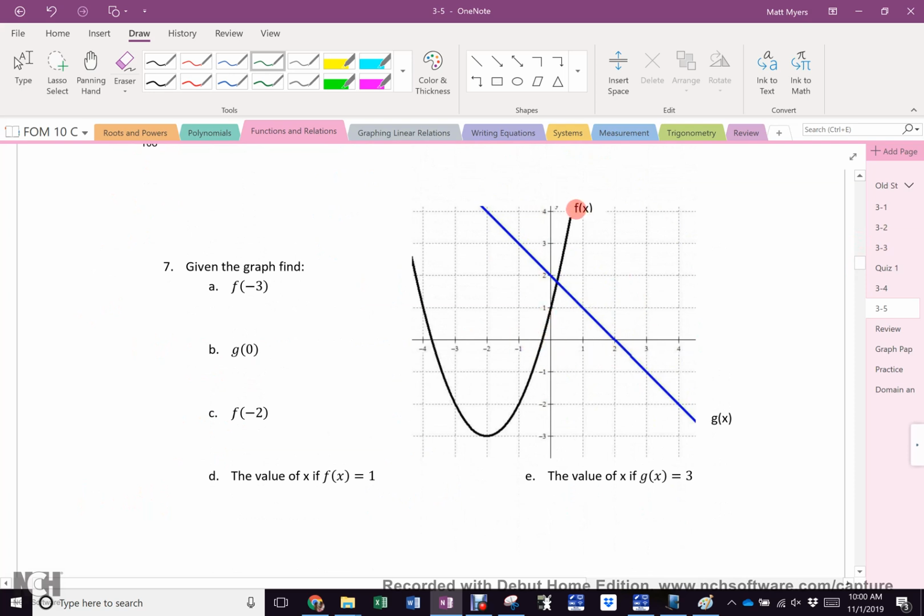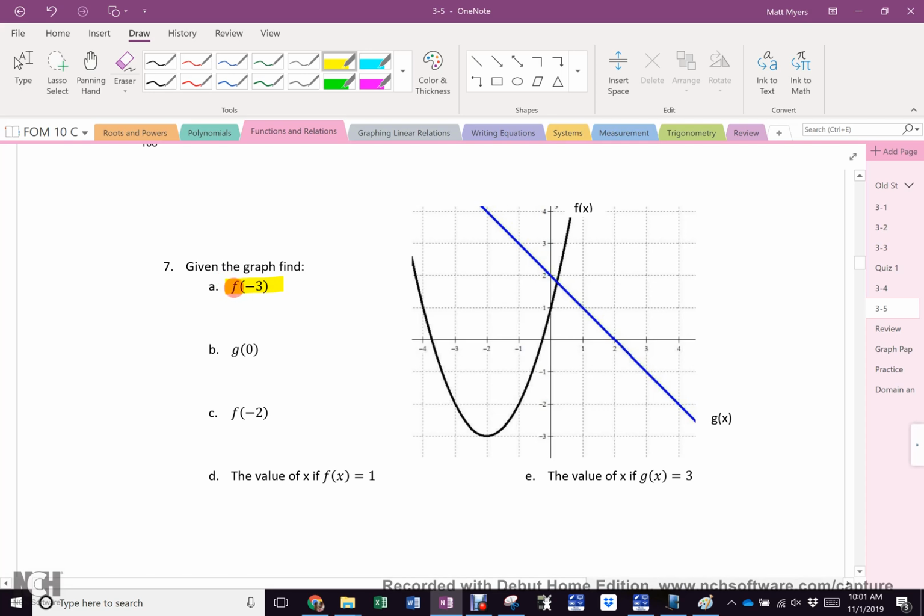Now for you people, the colors don't work, right? But they've been labeled. The curvy line is the f of x, and the straight line is the g of x. But for me, I can show colors. Everybody good? All right. So for this question, I'll highlight in yellow. Am I working with the curvy line or the straight line? How do you know you're working with the curvy line?